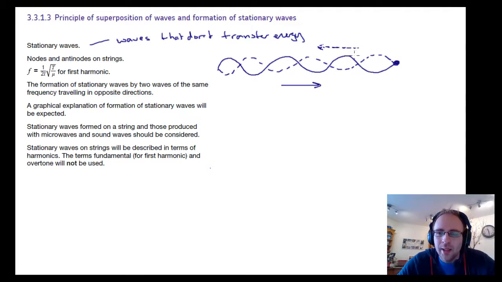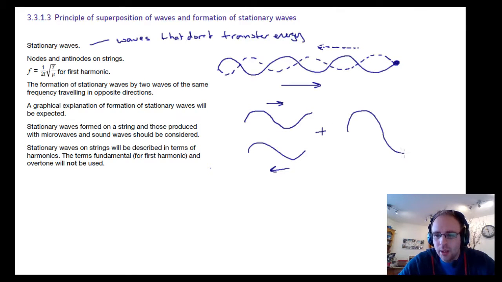And when two waves meet, they interact, they add together. Okay, so if I've got a wave like that going that way, and I've got a wave like that going that way, then they add together to make a really big wave. That should be add, not equals. So we add those two together and we get a really big wave.